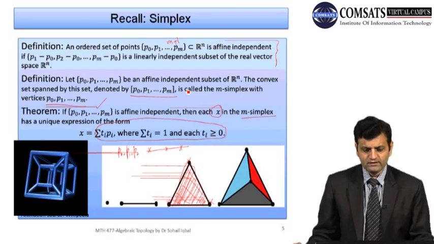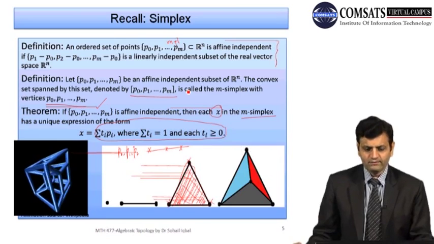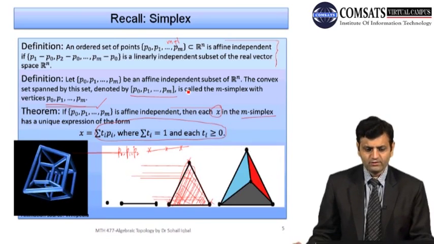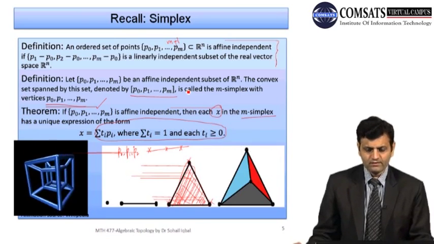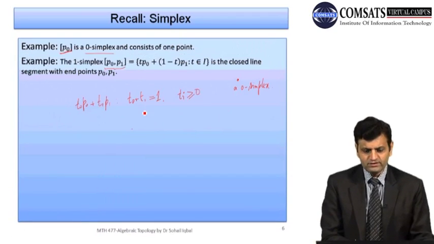This theorem gives us the form of elements of the m-simplex generated by the points p0 up to pm. Okay, so this condition implies that we can take t1 to be equal to 1 minus t0, and so the form of elements becomes t0 p0 plus 1 minus t0 p1.